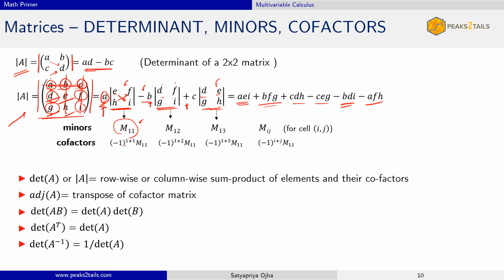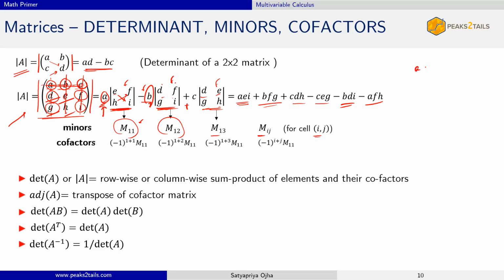M11 is the minor, which is the determinant of this EFHI that eventually will get multiplied with the first element. Okay, this is another minor M12 because B is the first row, second column, right? So the minor of B is this determinant. So these are all minors, okay? Mij, if I write, that will be for the cell ij minor.